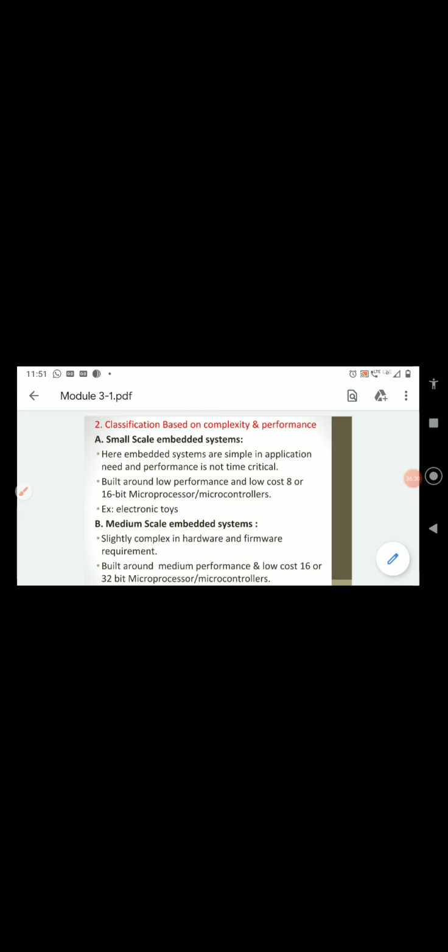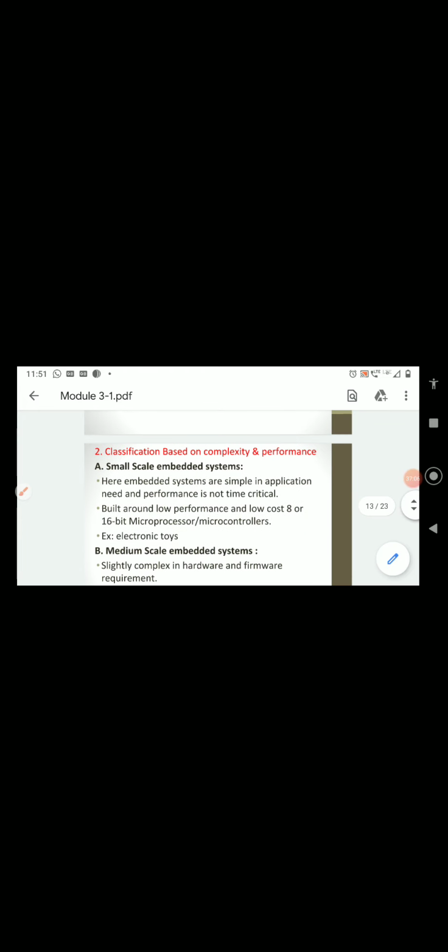Okay, now we'll see the medium scale embedded systems. Here it is slightly complex in hardware and firmware requirement. In the previous case the design is simple and performance is not time critical, but here it is slightly complex compared to the small scale embedded systems in terms of hardware and firmware requirement.